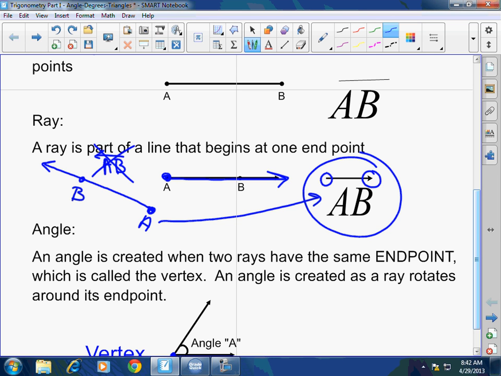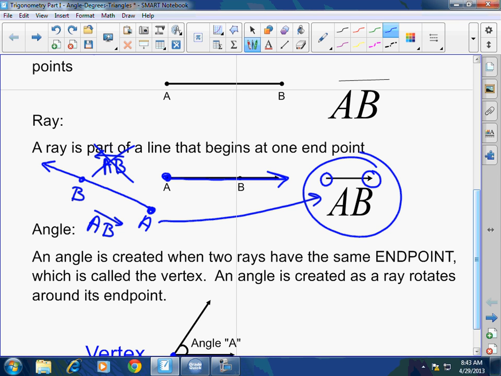That is wrong. Okay? I don't want you guys to make that error. That error messes people up all the time. So I don't care if the ray is going to the right or to the left. You always write it endpoint to the point it's going through and an arrow going to the right, regardless of whether it's going left or right or up or down.